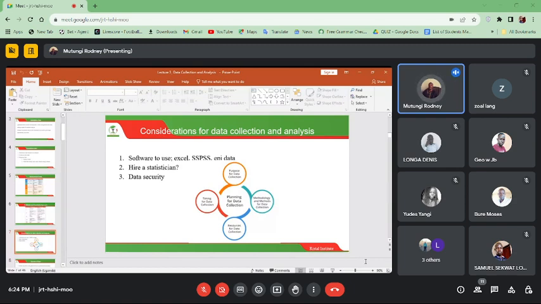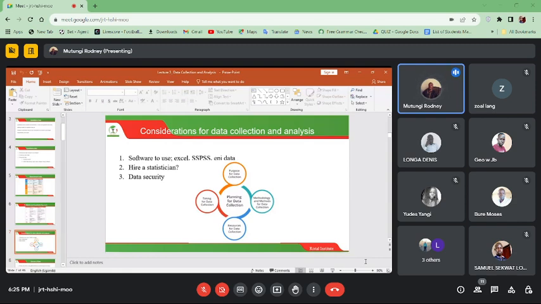So if you put in married as 1, single as 2, maybe divorced as 3, it will be able to understand this easily. So after collecting, you clean, then you code, and then after that you can do analysis. These software packages are designed to help you do all that. They can help you to enter the data, to clean it, to analyze it, and sometimes make reports.